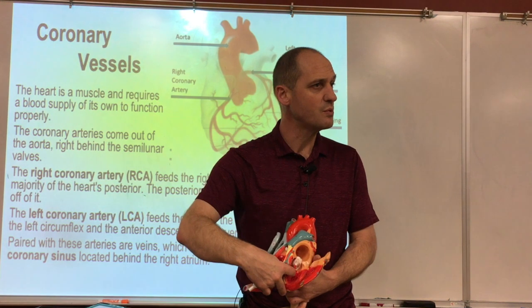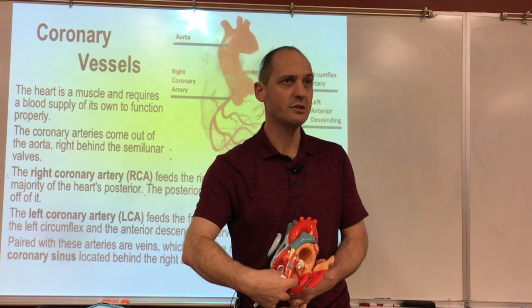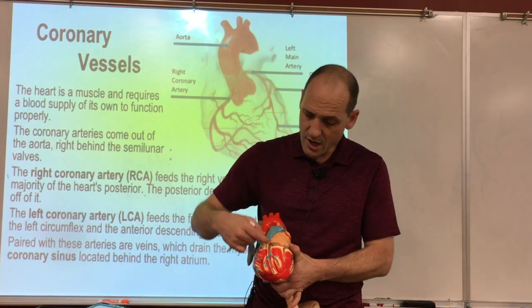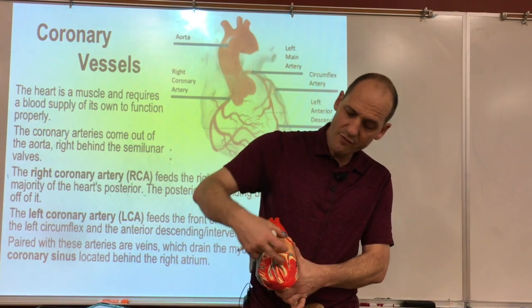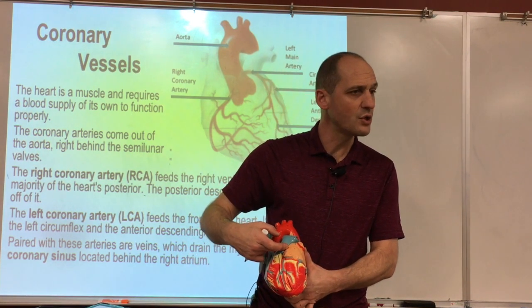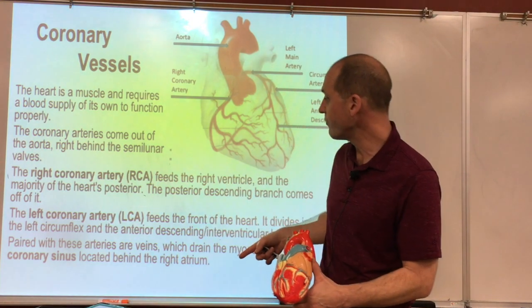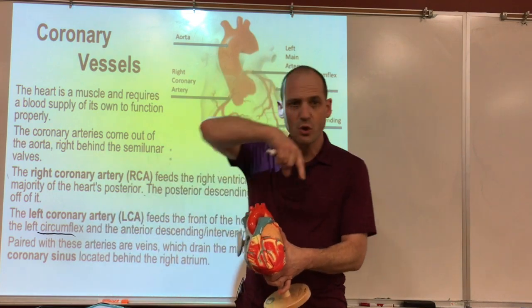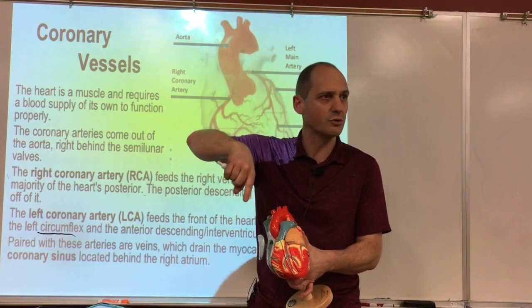That's the septum between the two ventricles. Interventricular septum, interventricular artery. Same name. And the other one that goes around, sort of in between the ventricle and the atria, is known as the circumflex because it goes around. Circumflex, circles around.